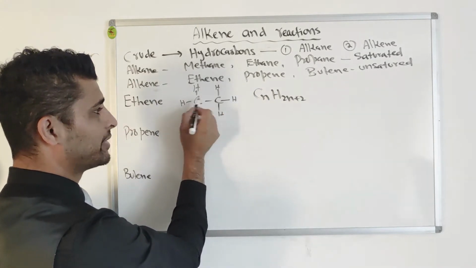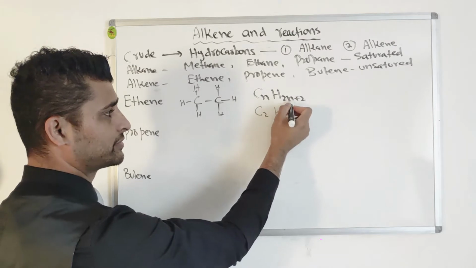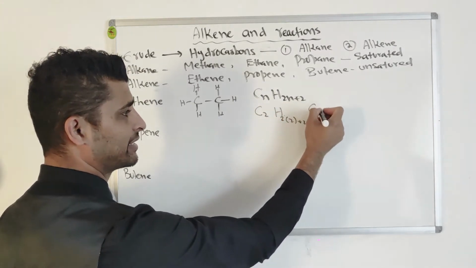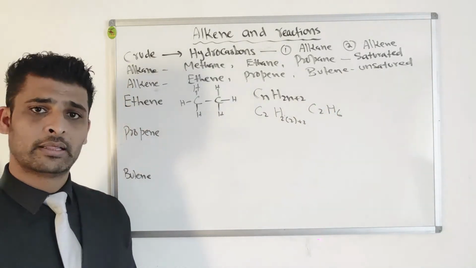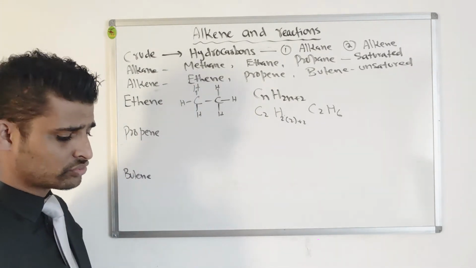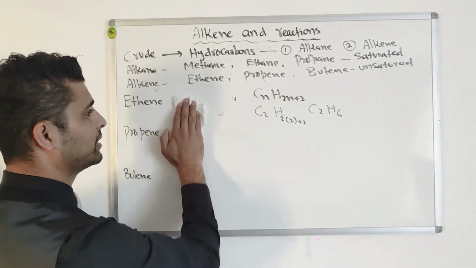If you have two carbon atoms, you just put it to 2 there, and then you replace n by 2 again, plus 2, so you will get C2H6, and that's why you draw like that. That's ethane. But now we have ethene, so we will look at how we're going to predict that, how is it different from ethane.